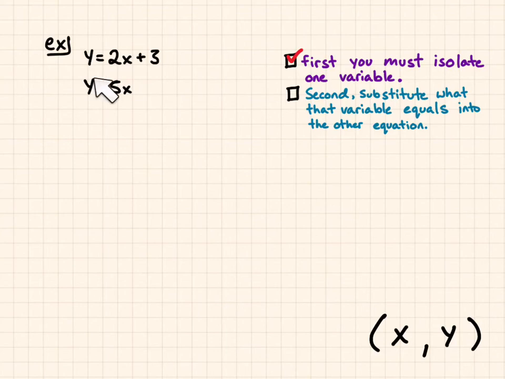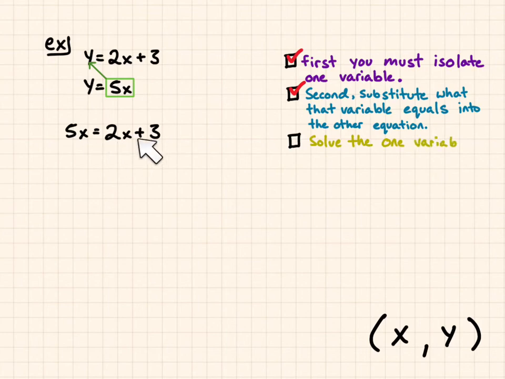So I could put 2x plus 3 in for y, or I can put 5x in for y over here. And either way, it becomes the same equation. I'm going to be solving for the x variable. I get 3x equals 3 and x equals 1.